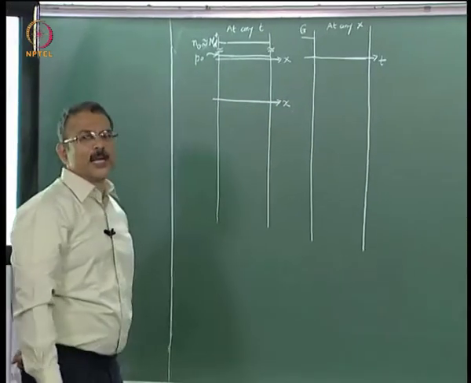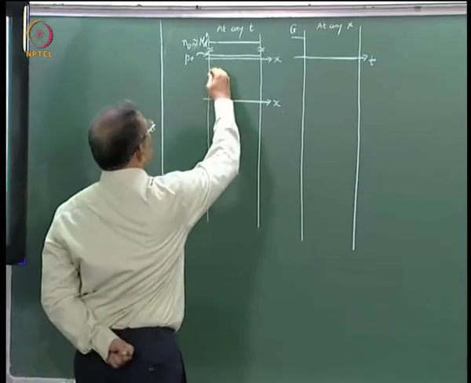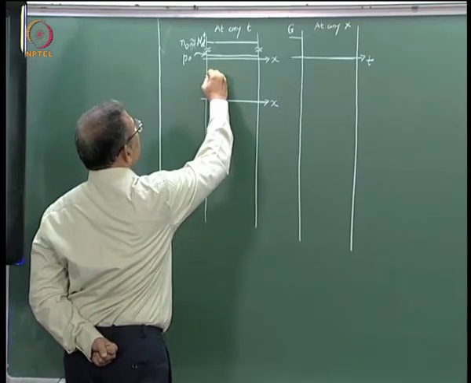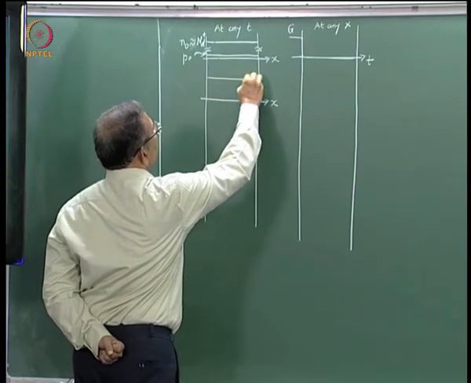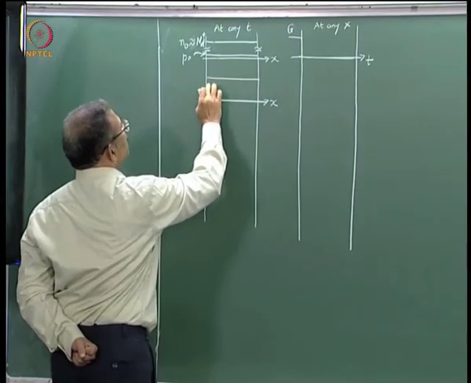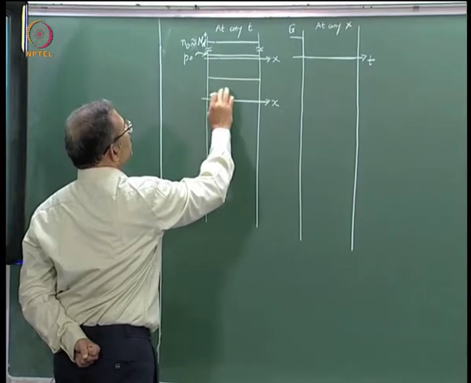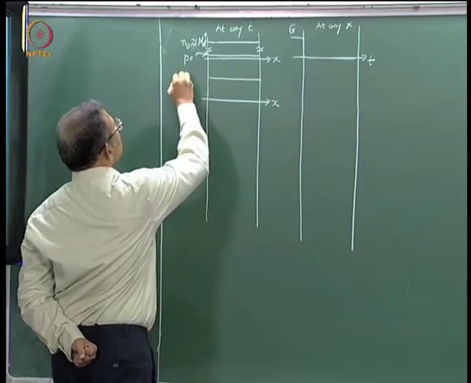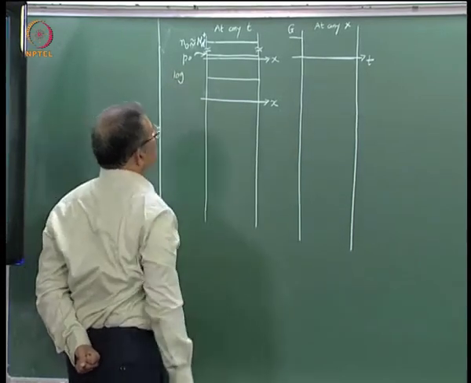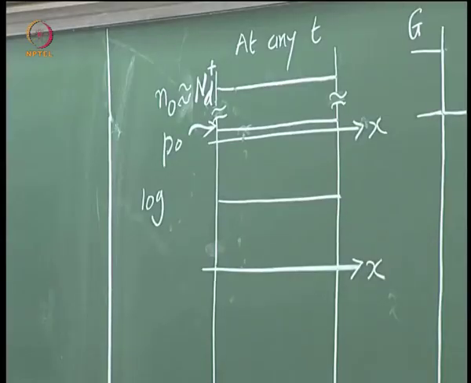So, since conditions are uniform, the electron concentration is something like this, and the hole concentration also is uniform. Here, let us use a log scale to show both electron and hole concentrations.